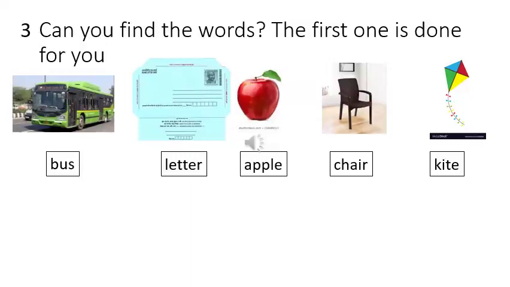Now you have removed 5 letters from the following words. The initial letter, the first letter, right? Which are the letters? B, L, A, C, K. You have removed 5 letters.